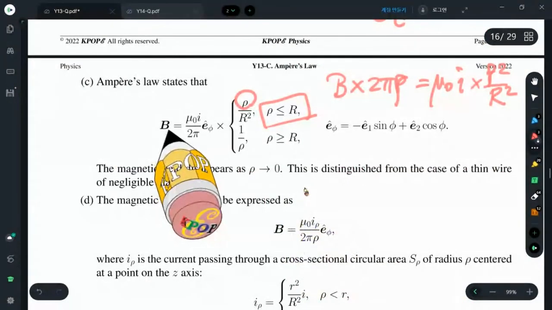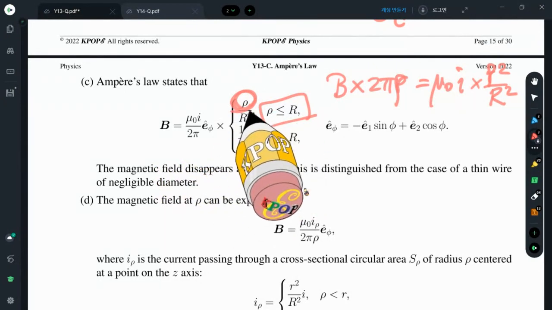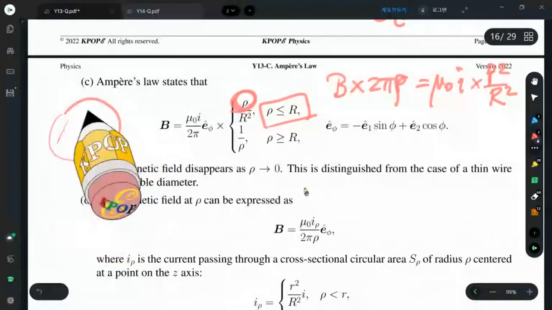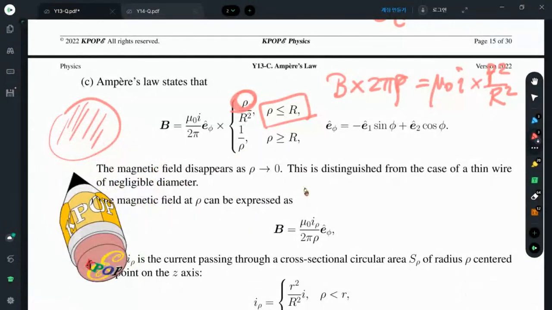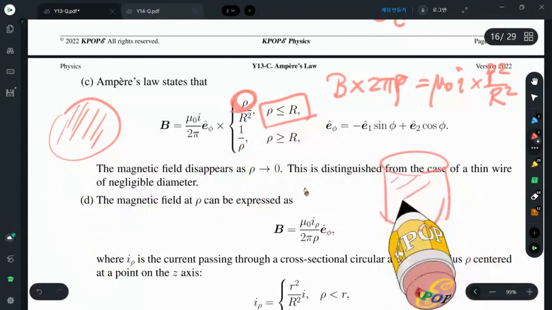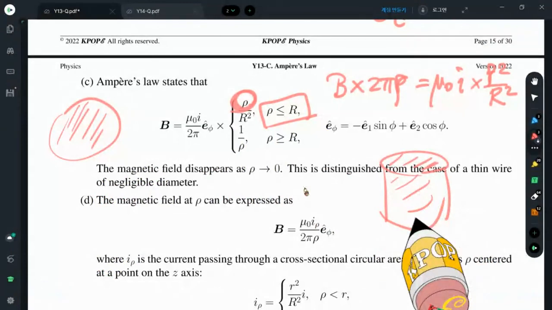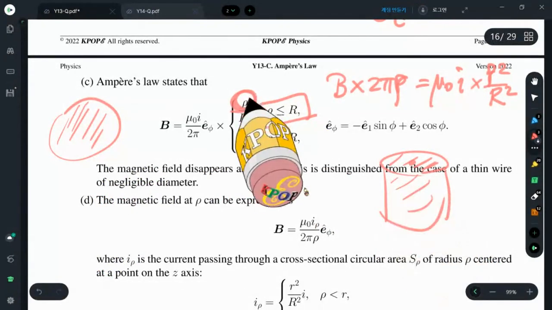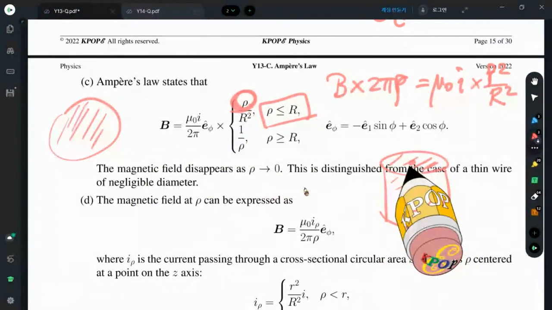Therefore, at the center, just like what we have done in the case of the shell theorem, the electric field due to a filled sphere, so it is the magnetic field due to current distribution filling a cylindrical wire. At the center, when we substitute rho equals 0, the magnetic field vanishes.